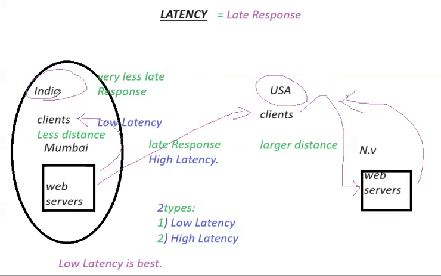They are experiencing very high latency. What is that very high latency? That is a high amount of late response. They are getting very late responses. So what is my task? I need to provide very low latency responses, that is quick responses, for them.